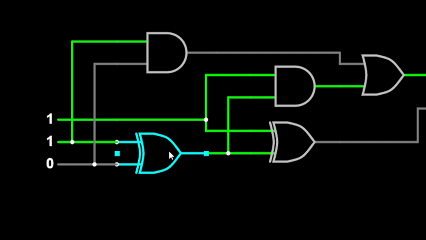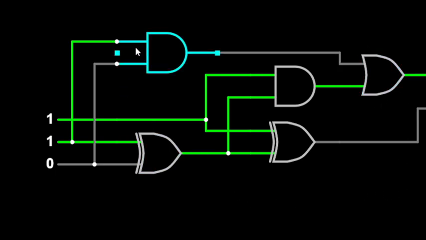Let's break down the logic of a full adder. It comprises two half adders. If you can see the screen, here we have one half adder, and this one is the second half adder, and an additional OR gate.